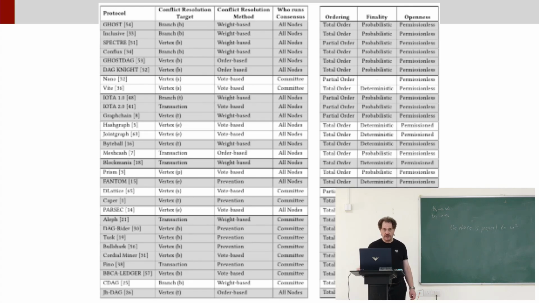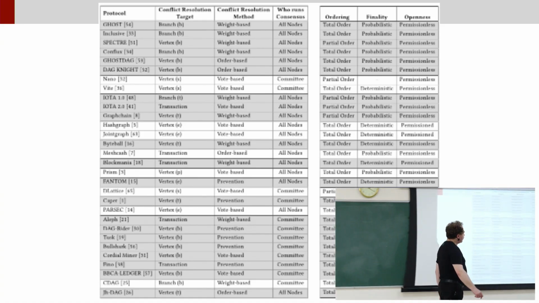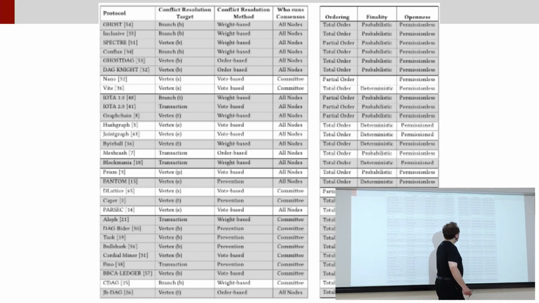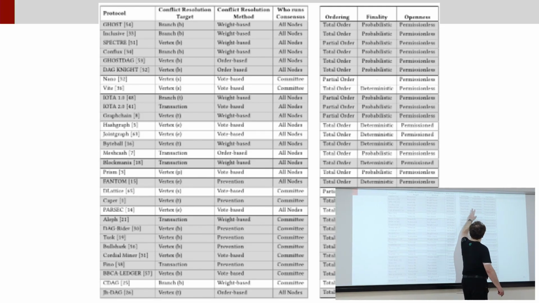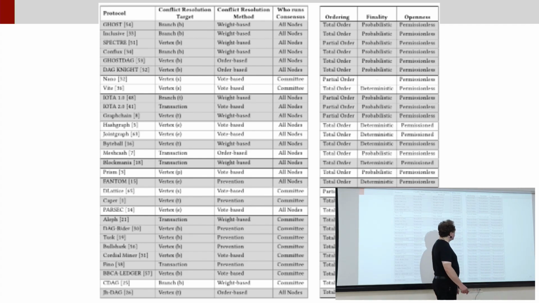There is also an additional representation pertaining to consensus. So here we have some more basic information about the system. Openness, ordering, and finality. Openness just means if the DAG-based system is permissionless or permissioned.